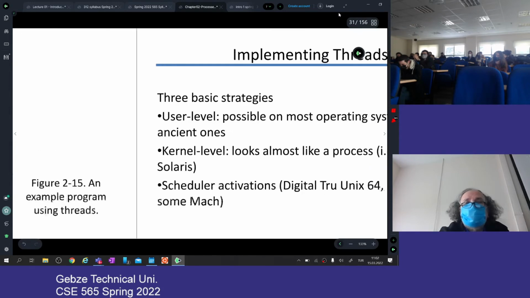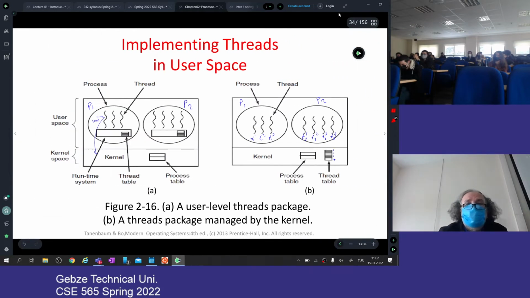Yeah, so that's the point actually. For this one, whatever you do with the threads, whether you are creating a thread or terminating it or yielding it, you have to make a system call. System call means context switch. Context switch means a hit from the efficiency point of view.